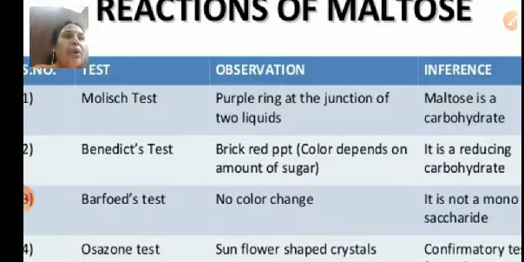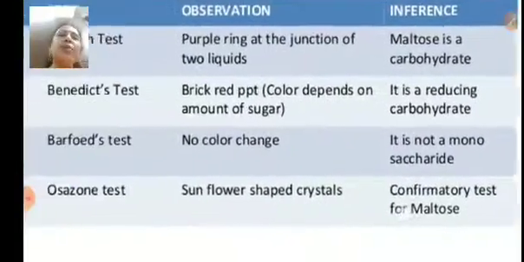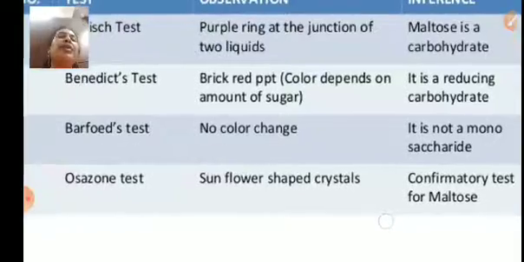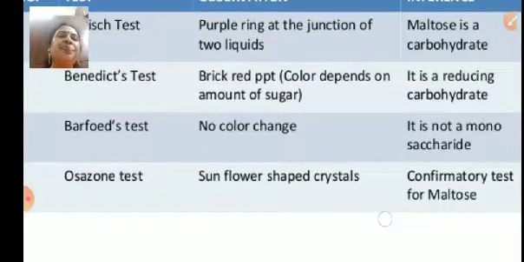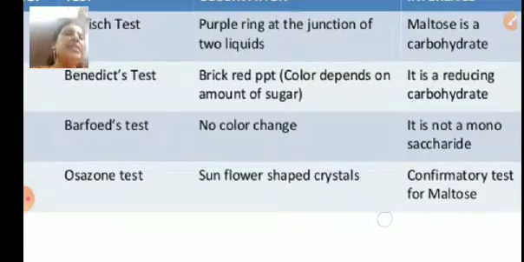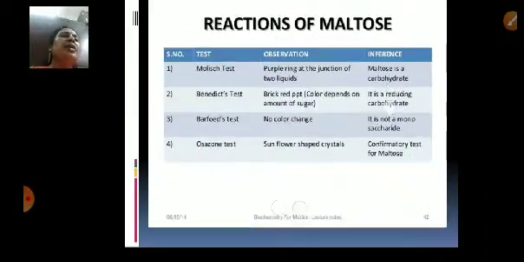That means the compound is a disaccharide, not a monosaccharide. If a compound is a disaccharide, we do not perform Selivanov's test. We directly perform the osazone test and look at the shape of the crystals. If the sugar is maltose, you get sunflower shaped crystals. So if sunflower shaped crystals are obtained, the compound is maltose. The presence of maltose is confirmed.